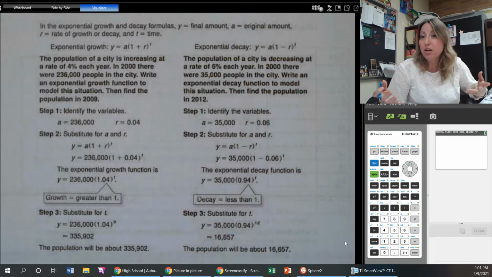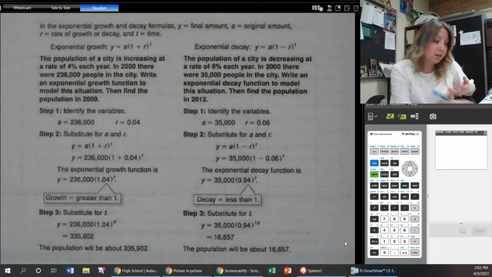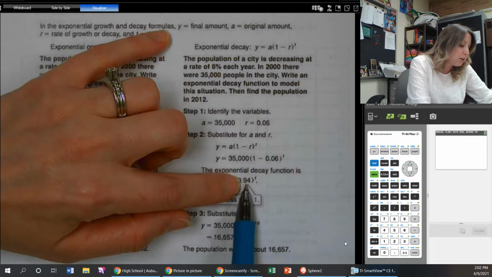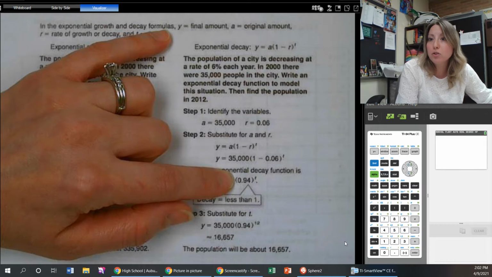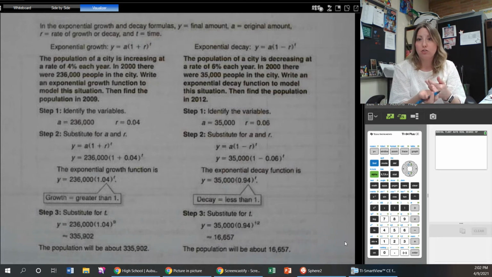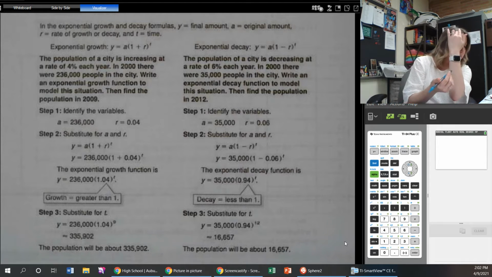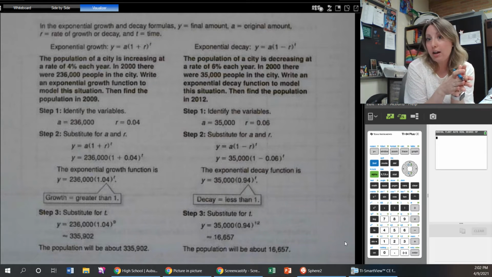That was just one more step that my calculator is going to do for me anyway. But the reason I do it here is because look, that's a value that's bigger than 0 but smaller than 1. A value between 0 and 1 as your base on your exponent, that's a decay function. So that's an exponential decay function. So that's the reason that I really wanted you to see that.